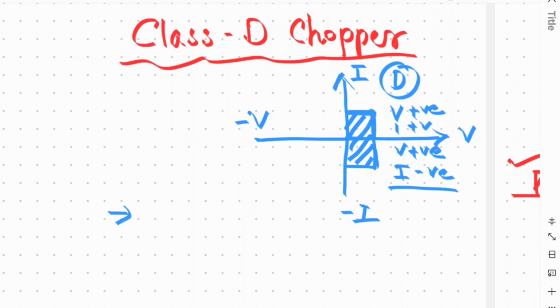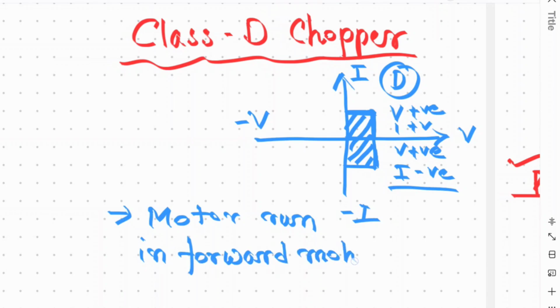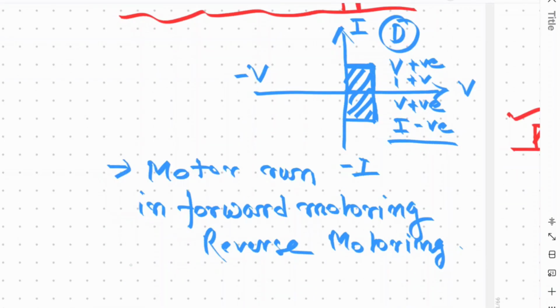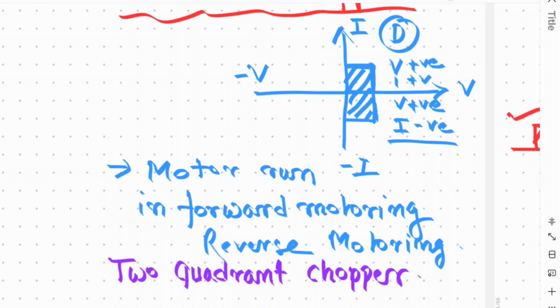So this is called a two quadrant chopper. This is widely used in reversible drives.